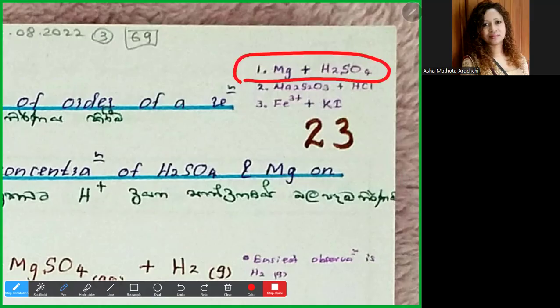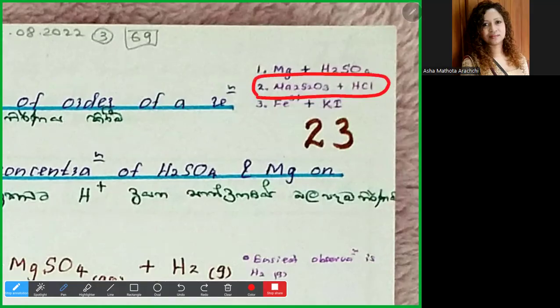Since we are going with concentrations, we cannot measure solid magnesium concentration, so we measure the concentration only with respect to sulfuric acid. In sodium thiosulfate and HCl, both are aqueous solutions, so we can get the order with respect to both separately, keeping thiosulfate constant to get the order of HCl, and keeping HCl high or constant to get the thiosulfate.